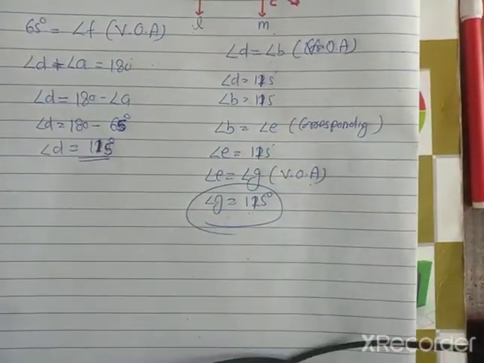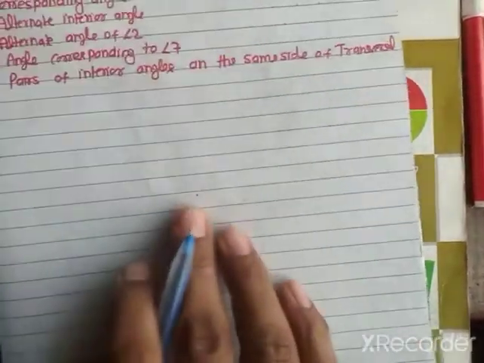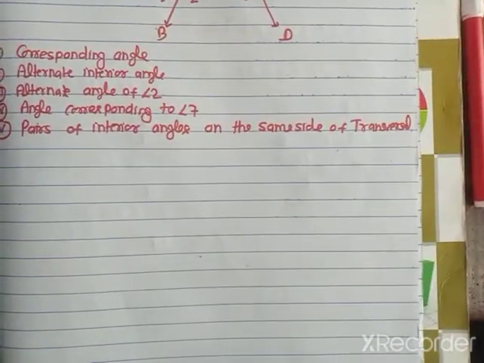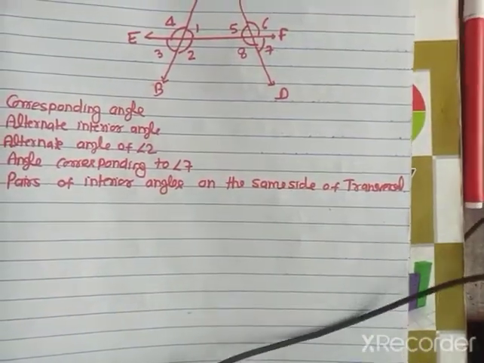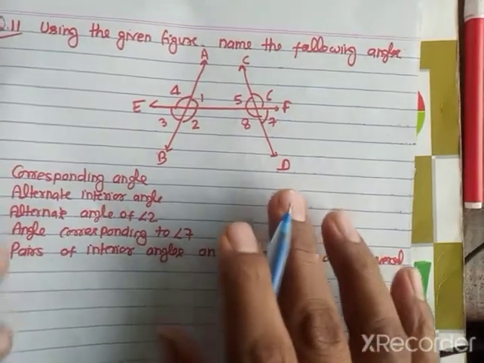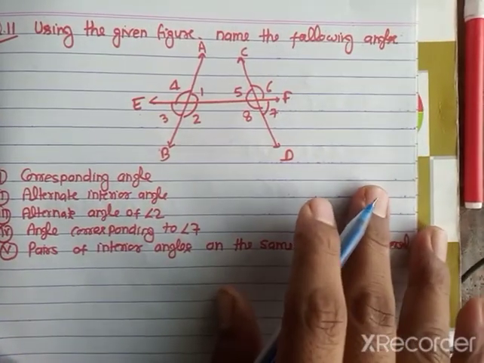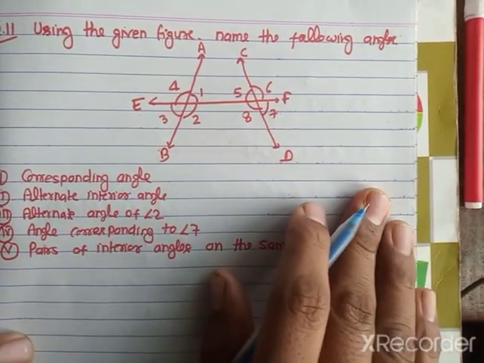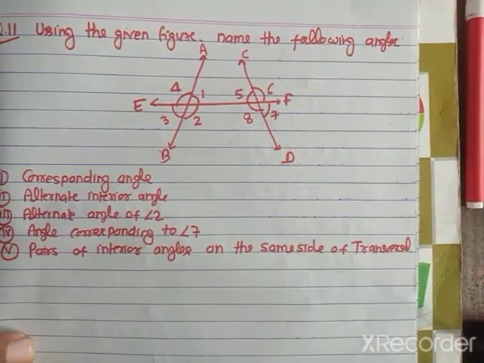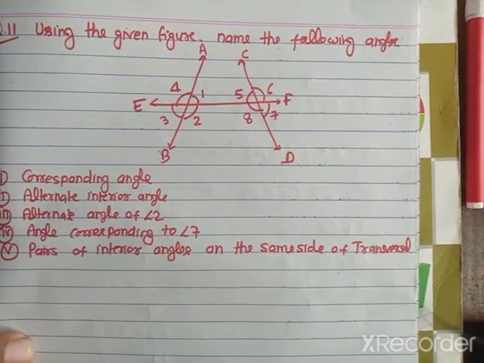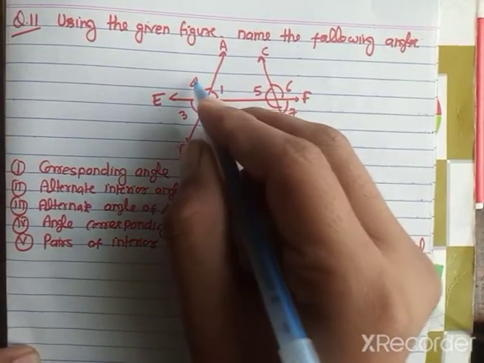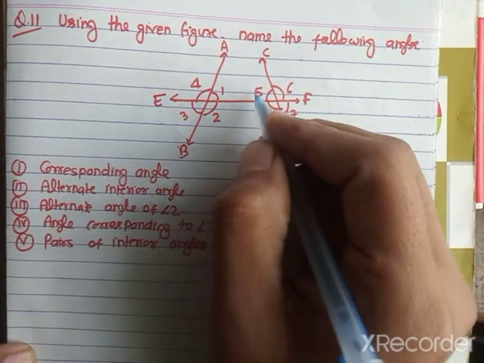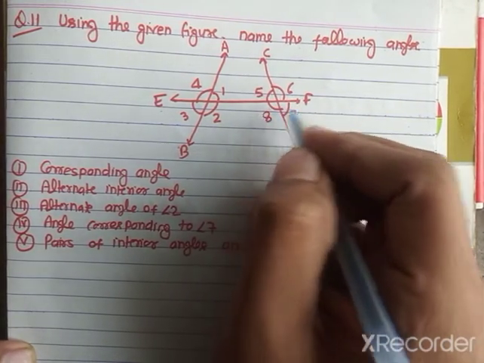Now discuss the next question, question number 11. Using the figure, name the following angles. Many angles are found in the given figure, labeled 1, 4, 3, 2, 5, 6, 8, 7.